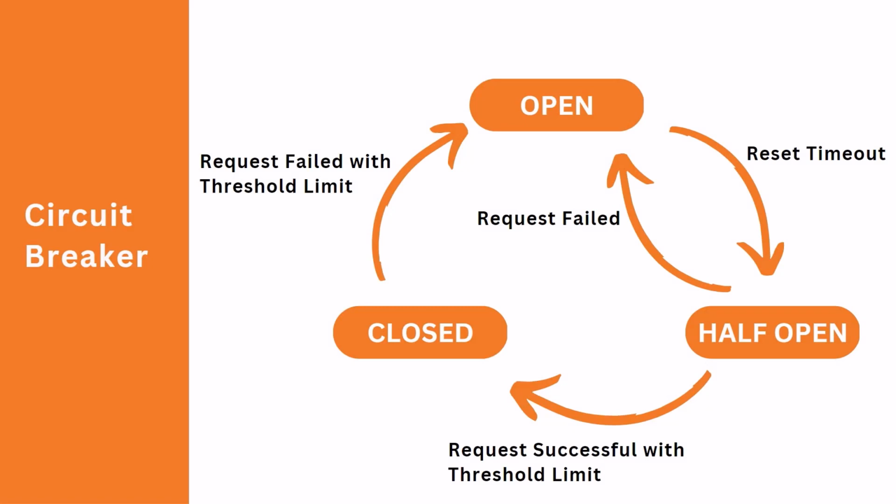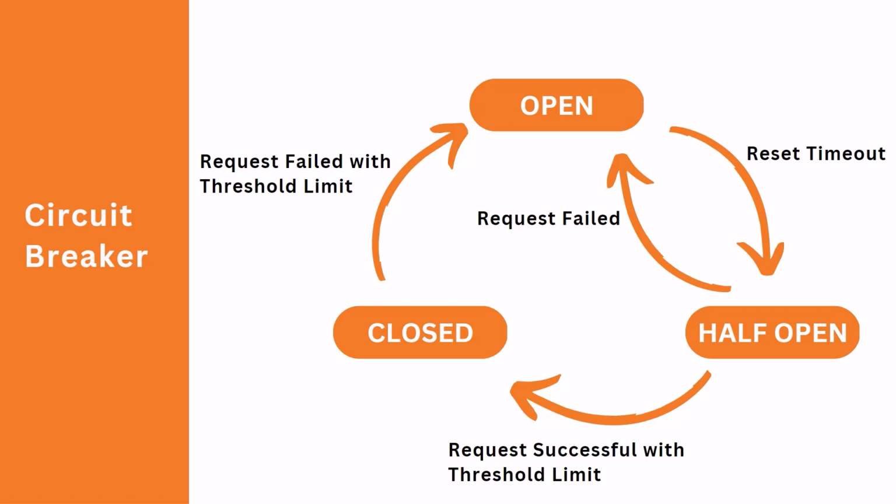As for the types of circuit breaker, two types are available: one is count based and another one is time based. A count based circuit breaker switches state from closed to open if the last n number of calls failed or were slow.